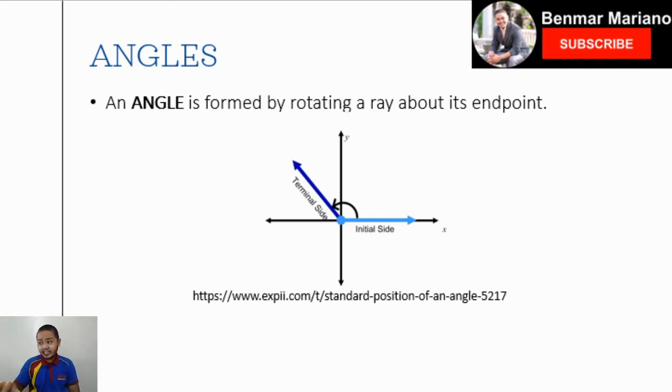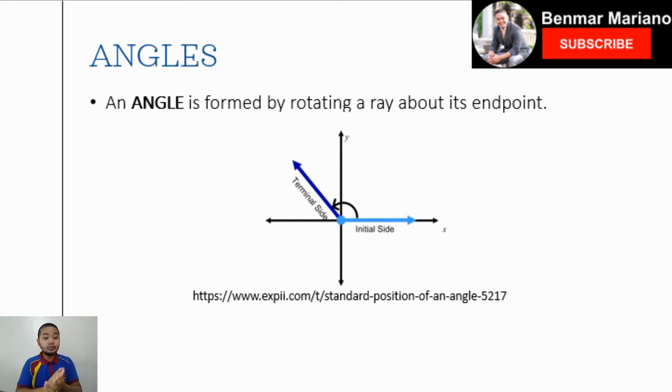The initial side of that angle must be on the x-axis, on the positive side. And then definitely the terminal side, or the ray that is rotating. So that is the standard position.